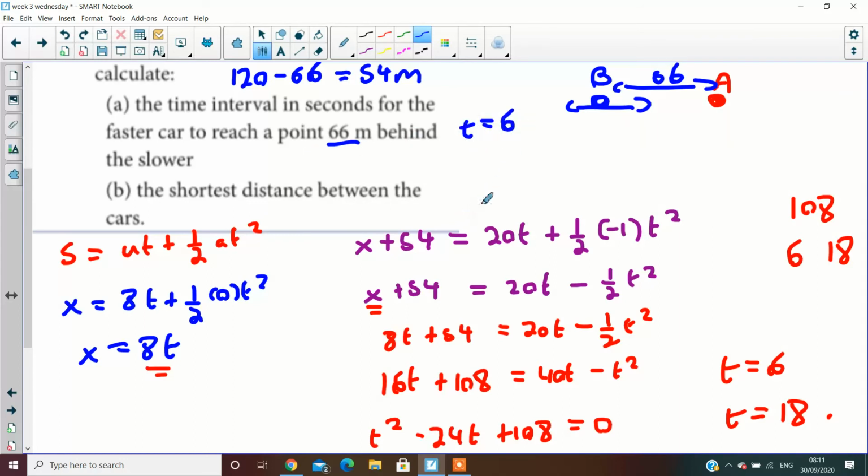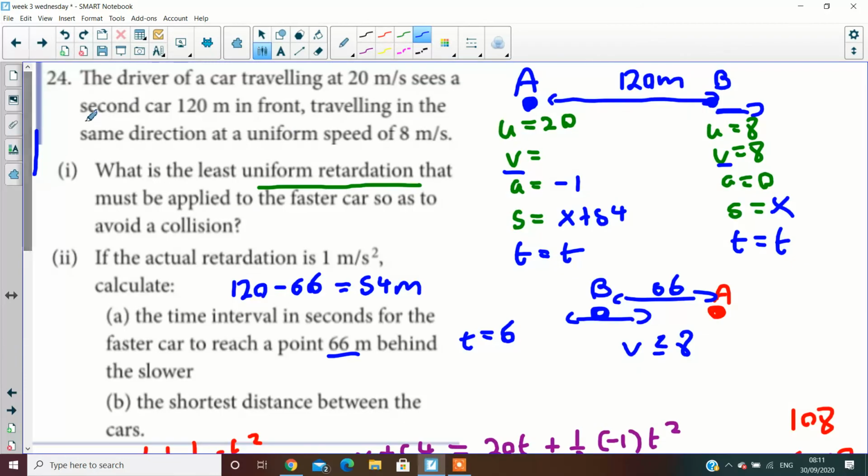The shortest distance between the two cars. Now this one's. When does A start pulling away from B again? When B's v value goes below 8. Because remember, A is moving away. So when B's v value goes below 8. So in this case, we get to set v equal to 8.